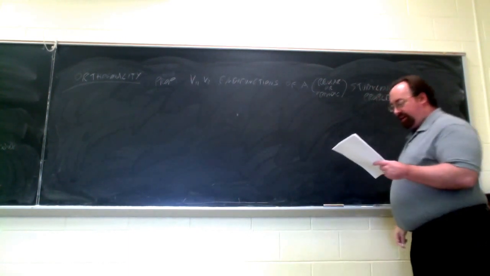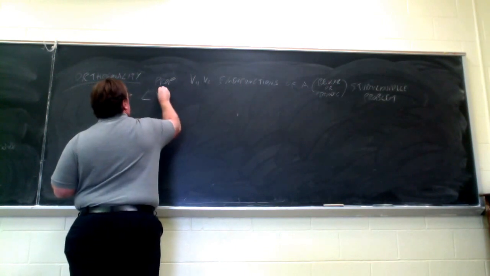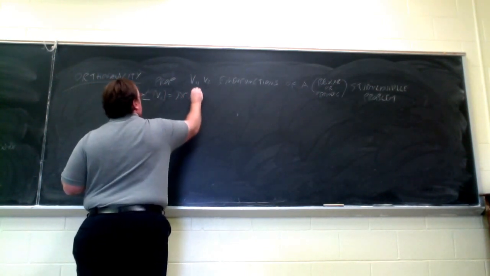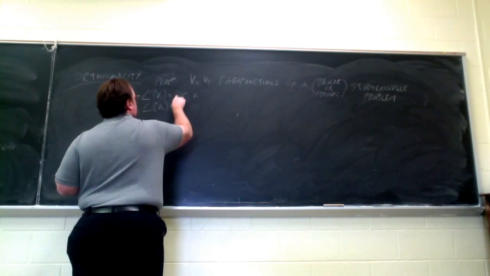So we have LV1 is lambda 1 RV1, and LV2 is lambda 2 RV2.